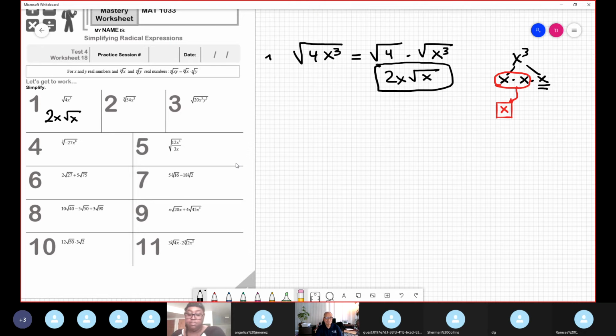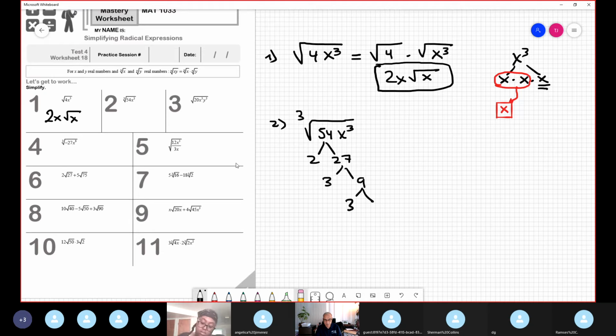So that was number 1. Number 2 is a cube root. Be careful: 54x cubed. You try to break down 54 into its prime factorization. 54 is divisible by 2 because it ends in 4, an even number. And 54 divided by 2 is 27. 27 is divisible by 3, is 9, is 3 and 3.